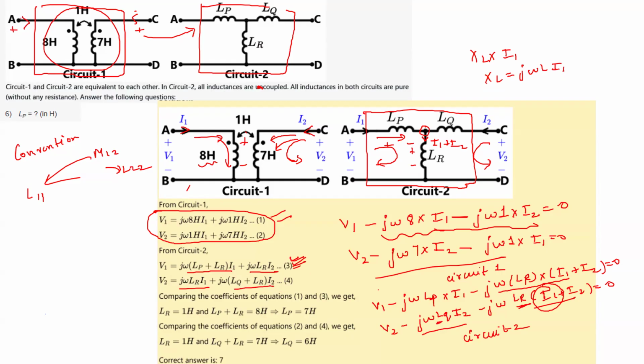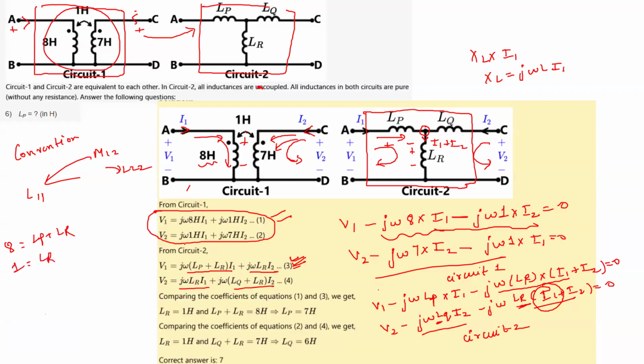Now, because these two equations represent the same system, we will just compare the coefficients. You see the coefficient of I1 is 8, so 8 is equal to LP plus LR in this first equation. The coefficient of I2 here is 1, which is equal to LR.